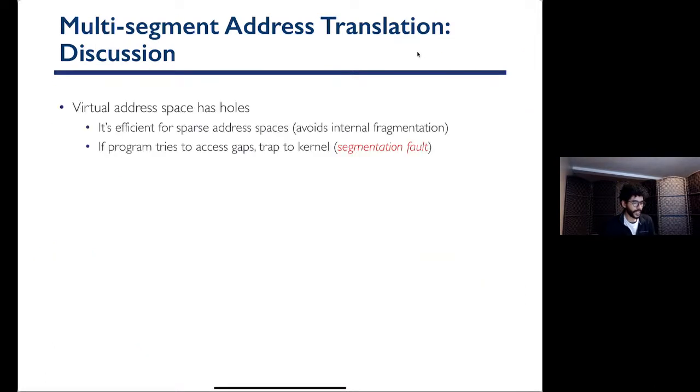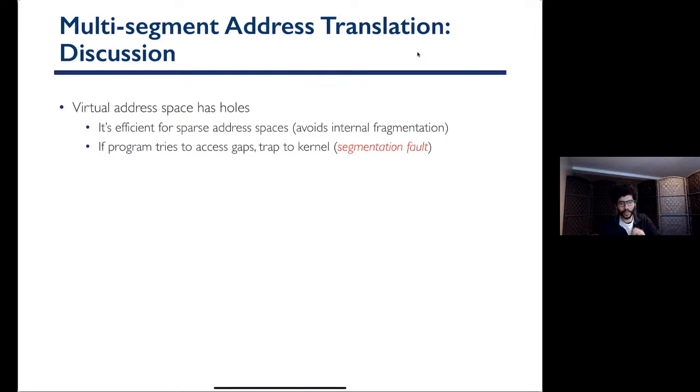Okay, so let's discuss this. Now, this method avoids internal fragmentation, right? Because any region that I'm not using, I don't need to map it to the memory, right? And I have smaller segments. So instead of having this big segment for the entire process, now I have these smaller segments.